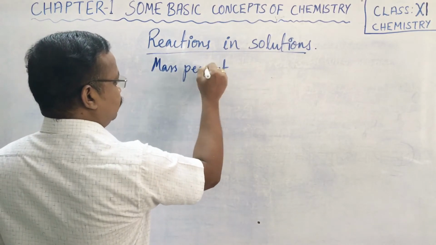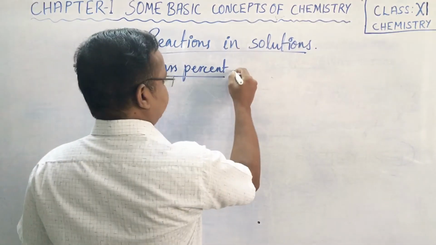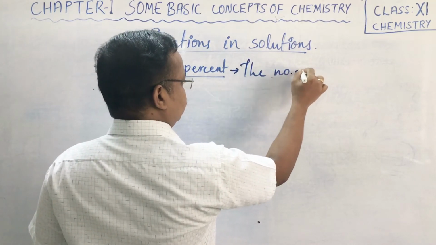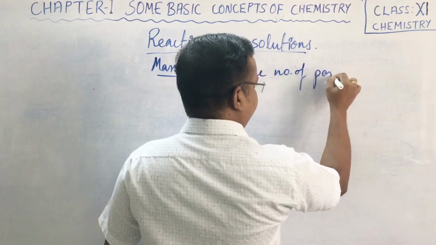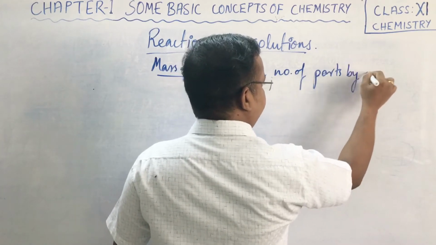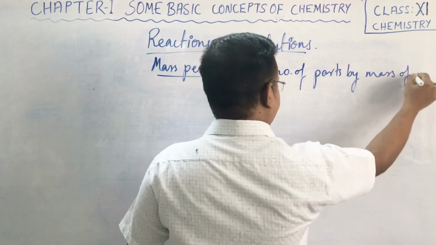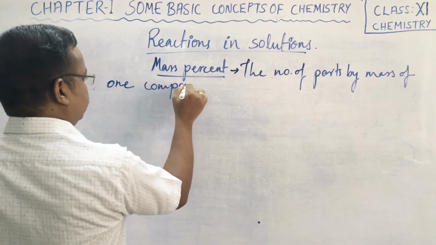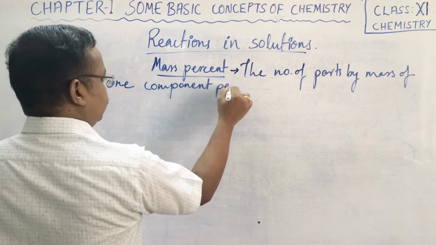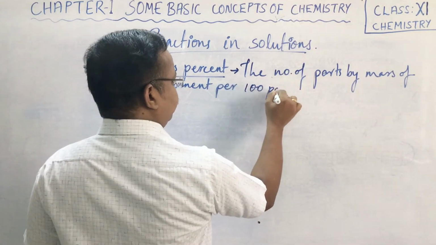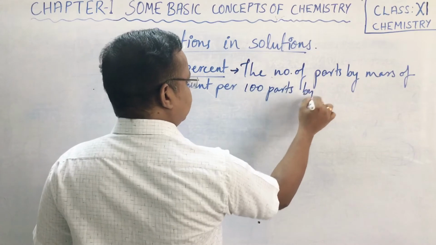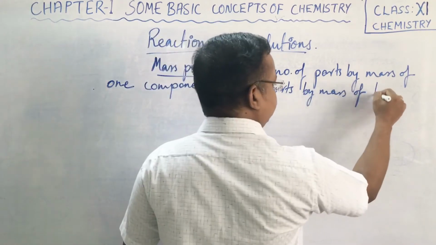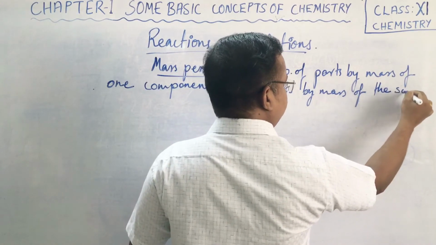Mass percent of a solution: the number of parts by mass of one component per 100 parts by mass of the solution.